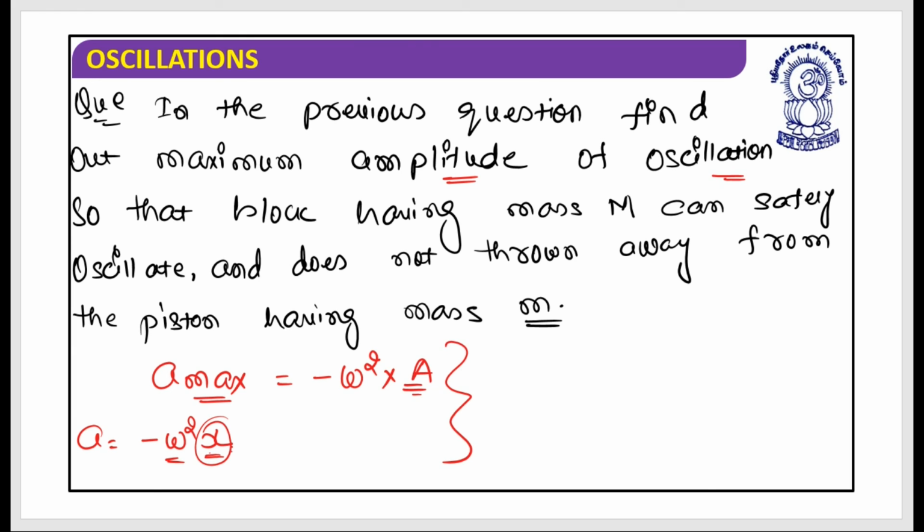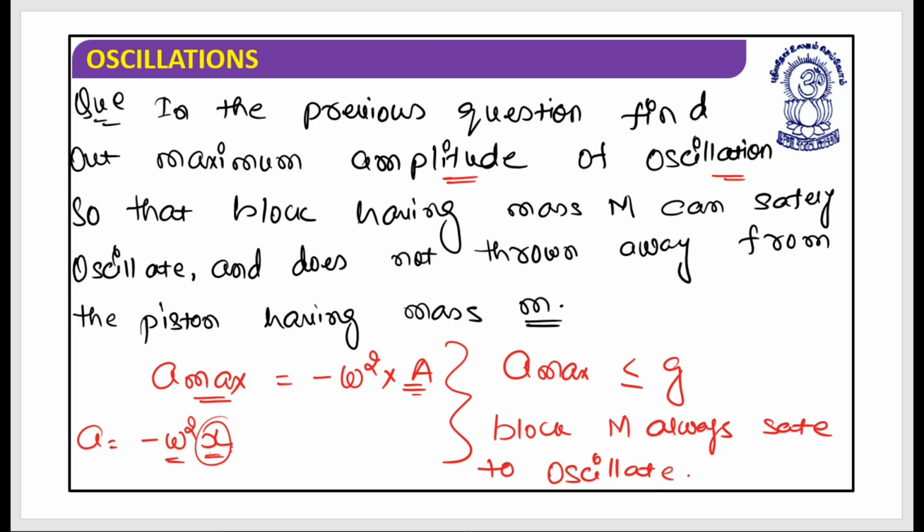So a max equals minus omega square into a, and if this a max is less than or equal to g, the gravitational acceleration, then block m is always safe to oscillate.